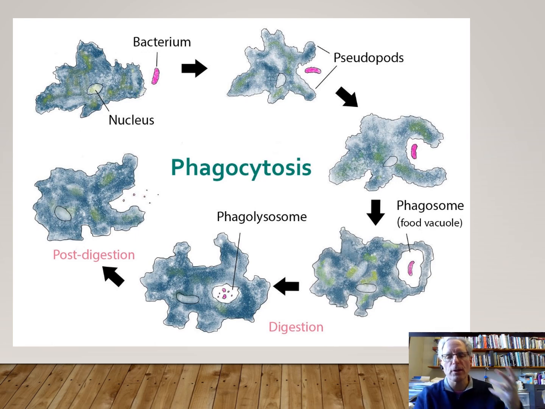The phagosome fuses with a lysosome to form a phagolysosome. The enzymes in the lysosome digest the thing that the cell took up, and then the small molecules are used essentially to nourish the cell. Anything the cell doesn't need is then released via exocytosis. That's phagocytosis. You see that process in white blood cells.